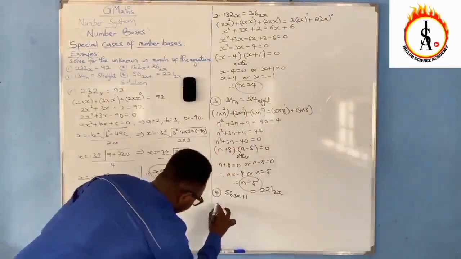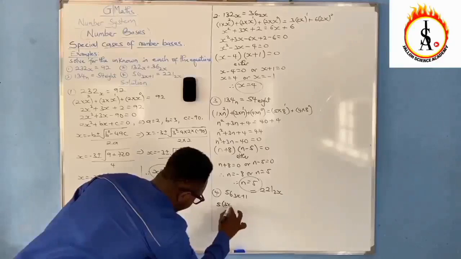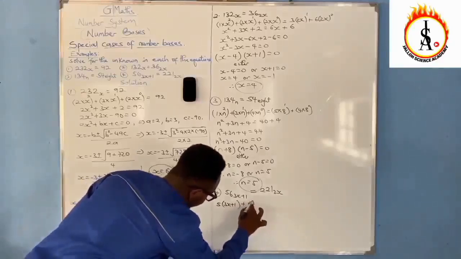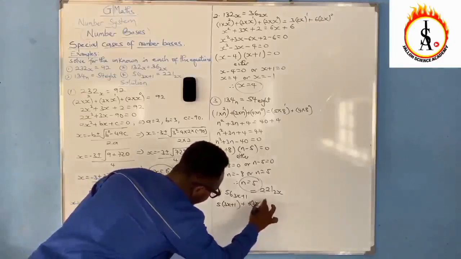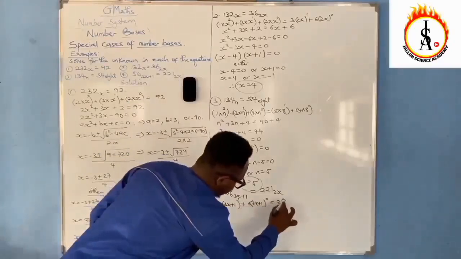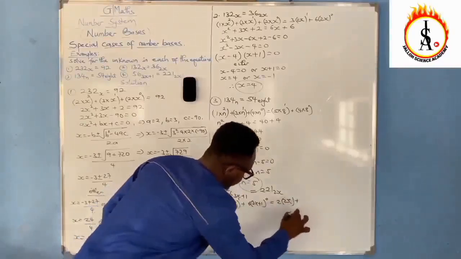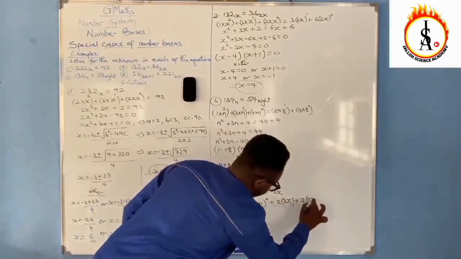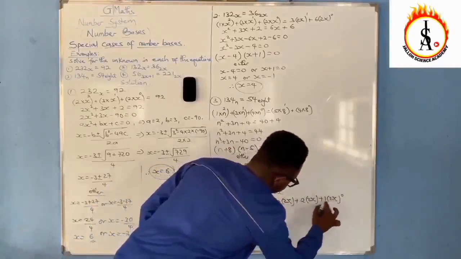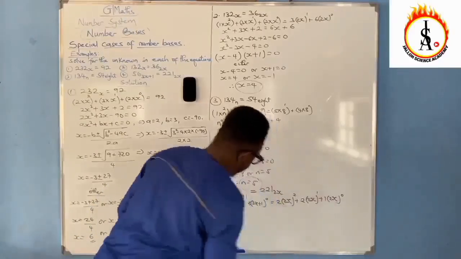So it is 5 into 3x plus 1 plus 6 into 3x plus 1. Power 0, power 1. We equate it to 2 into 2x plus 2 into 2x, which is the base, plus 1 into 2x. Power 0, power 1, power 2.